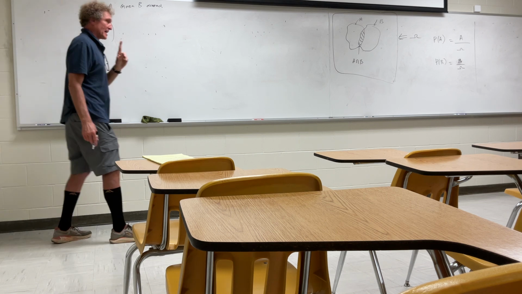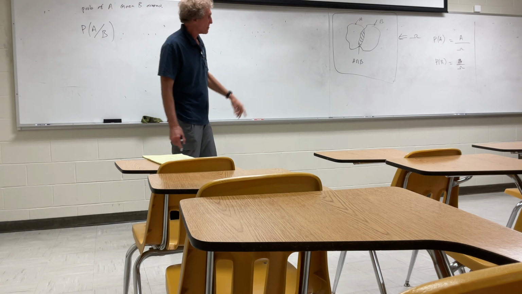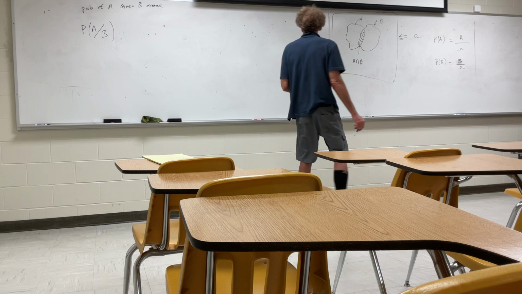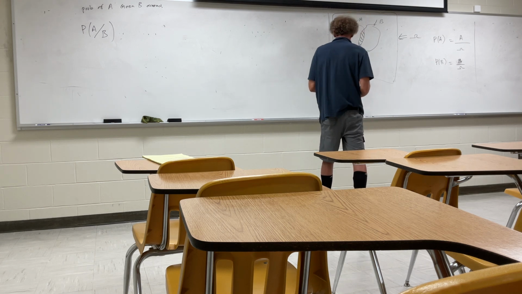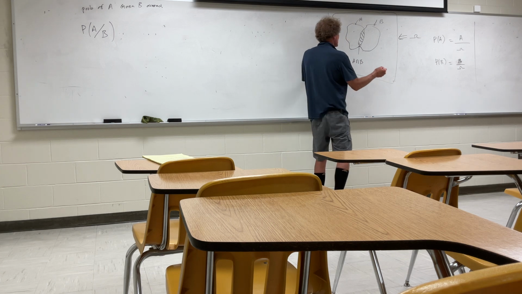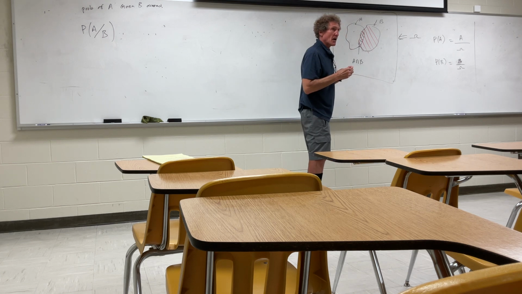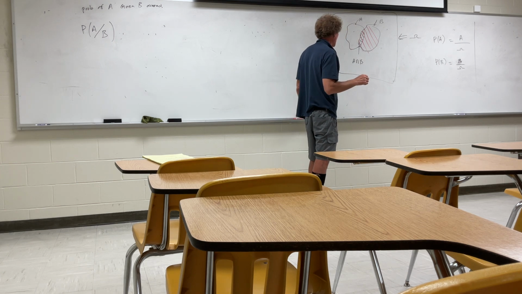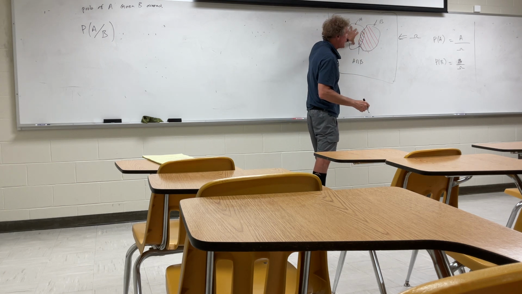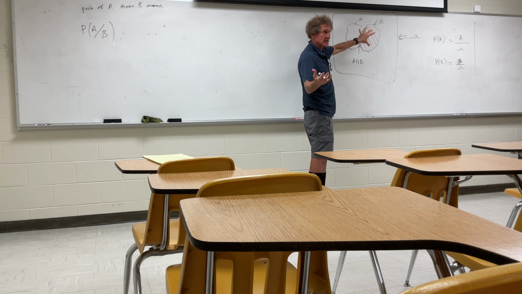Now, when I say that, remember I told you the ratio of areas is the way I think of it. So, the probability of A given B occurred. Now look, I want you to see this. It's saying B happened. This event happened. Can y'all follow me? And what he says, if that event happened, any event out here can't happen. You follow me? It's saying this happened.